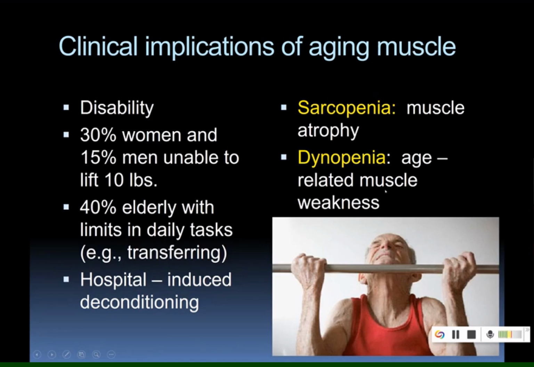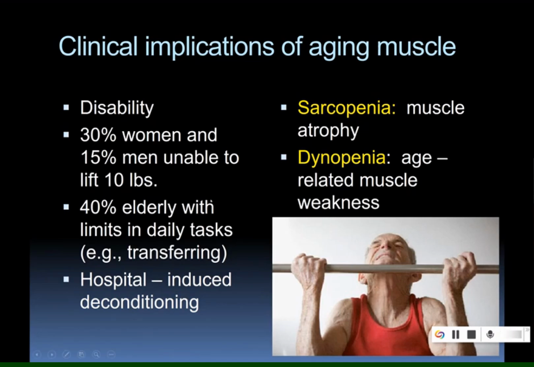And as a consequence of that, a lot of people are unable to do even very small, minor lifting, and as a consequence they have problems with their daily tasks. And so when you say somebody has problems transferring from the bathtub or shower back to the bedroom, that's in part because of this loss of muscle mass.